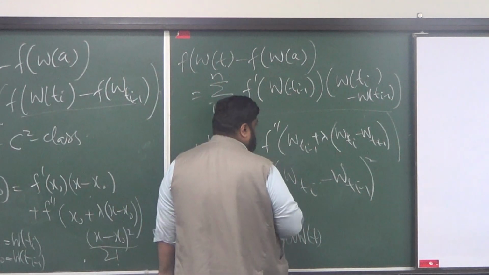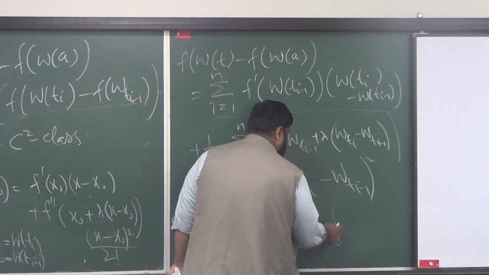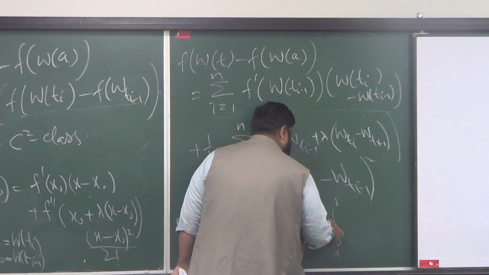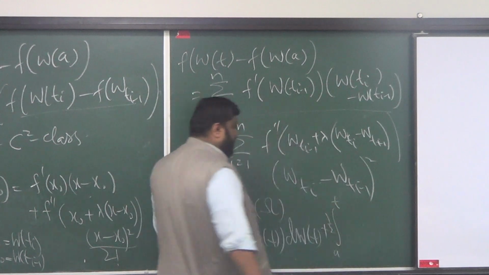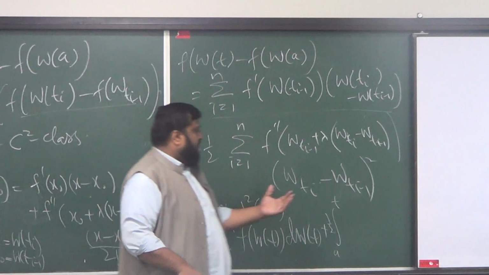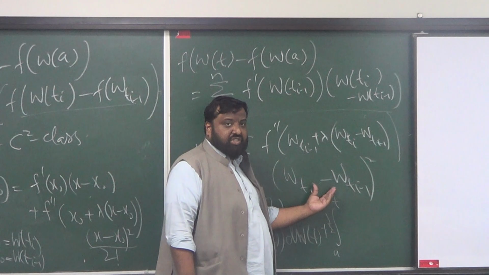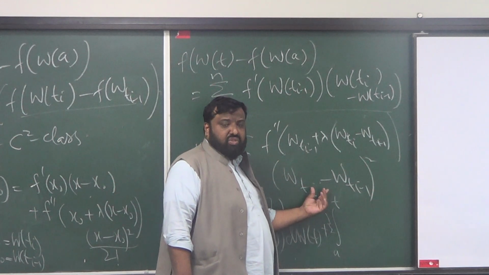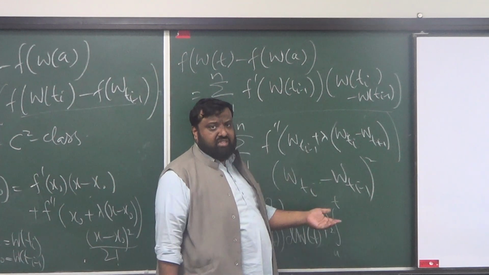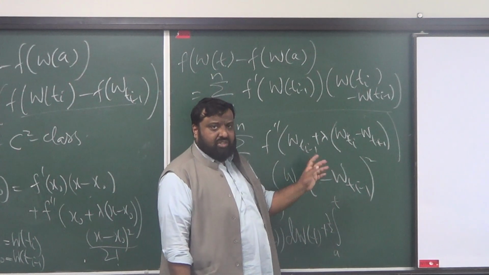And how about this second term? It could be 1/2 times the integral from a to t. I know that the Brownian motion has quadratic variation, so under expectation this will turn out to be t_i minus t_{i-1}.